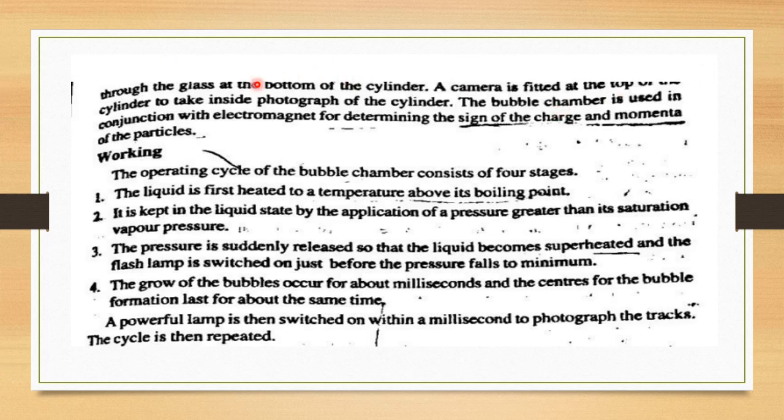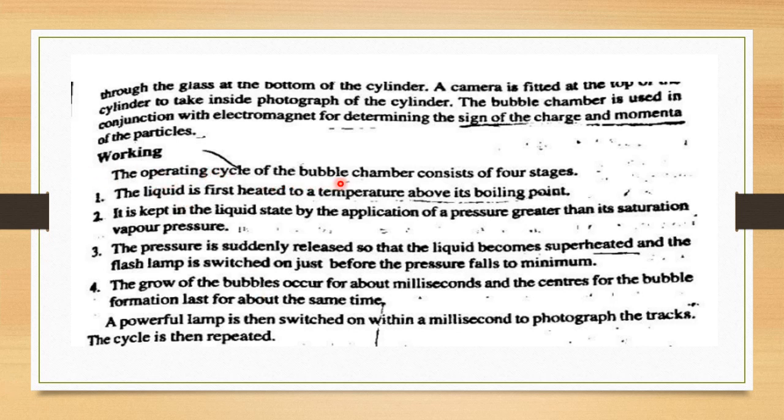A camera is fitted at the top of the cylinder to take the photograph of the cylinder. The bubble chamber is used in conjunction with electromagnets to determine the sign of the charge and momentum of the particles. Now, what is the working?